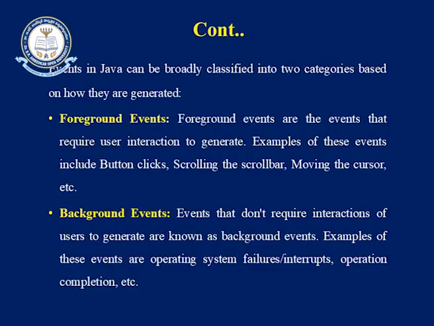How does it happen? Server means the backend. The operating system will communicate with the database server and store your details in the database. So this is the background event.